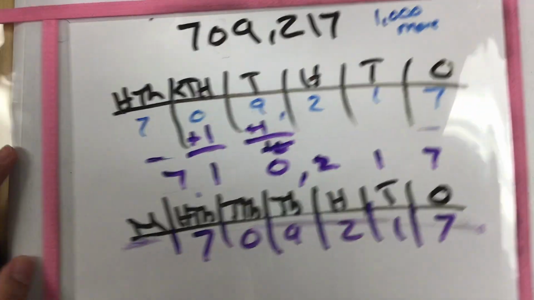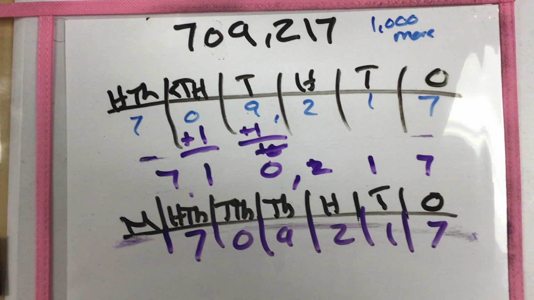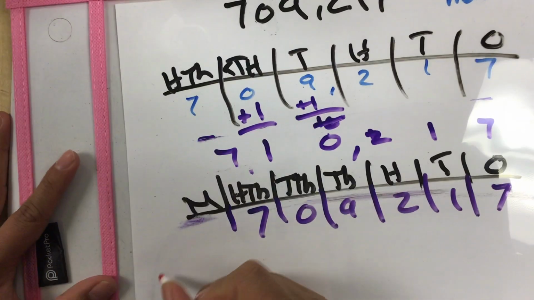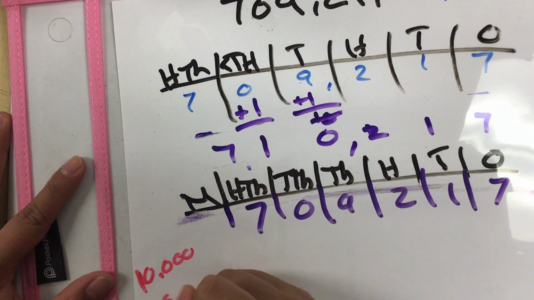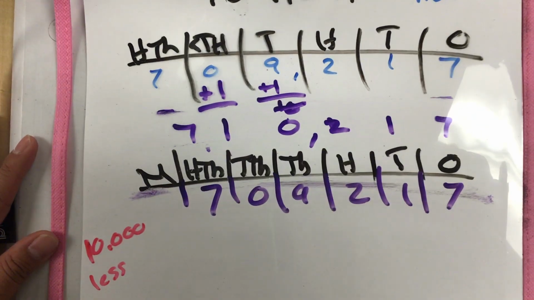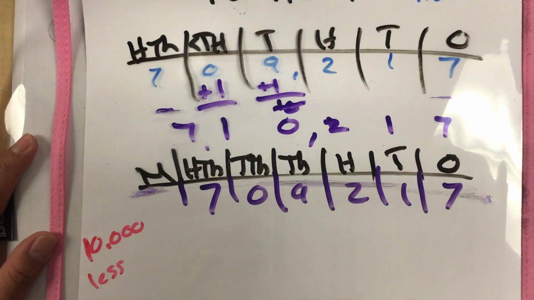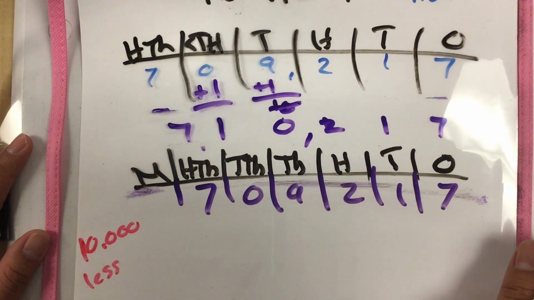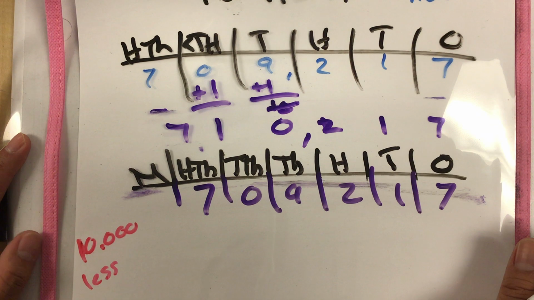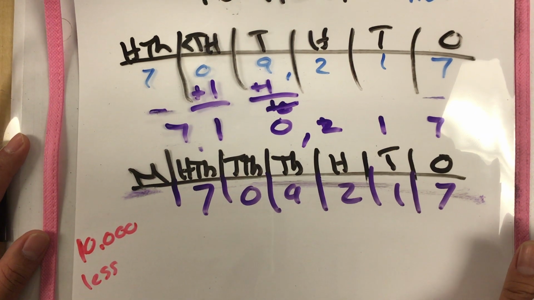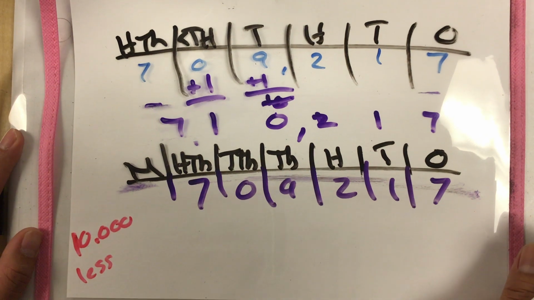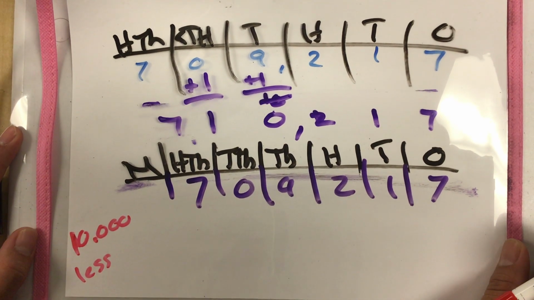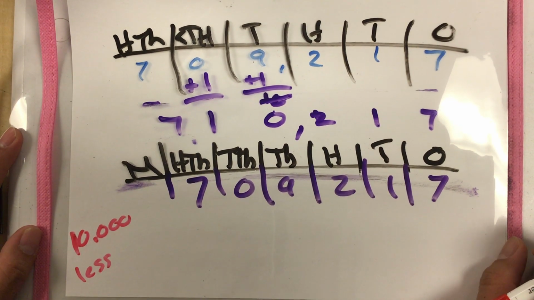And what if I said we want to do 10,000 less? Okay. What do we think is going to happen? Take this time to pause and give it a try. Here's a hint though. You're going to need to do a little bit of ungrouping. If you remember how to do that, cool. If not, then I'll show you.